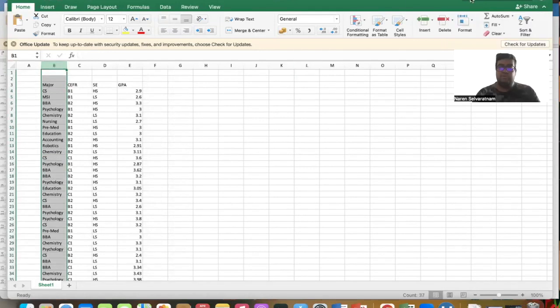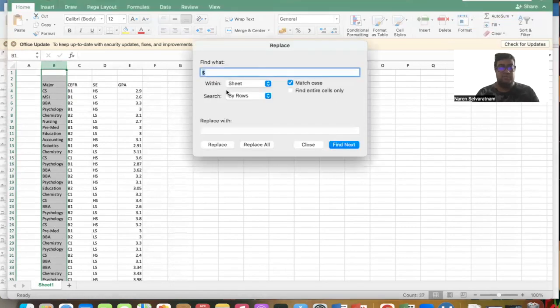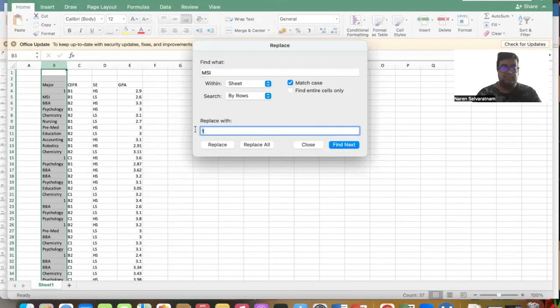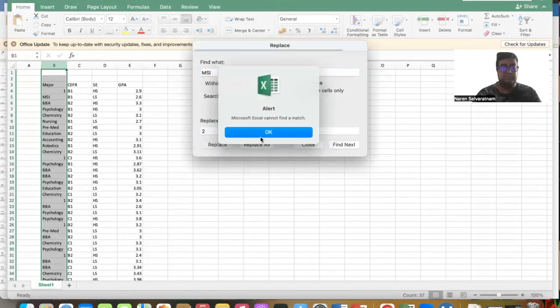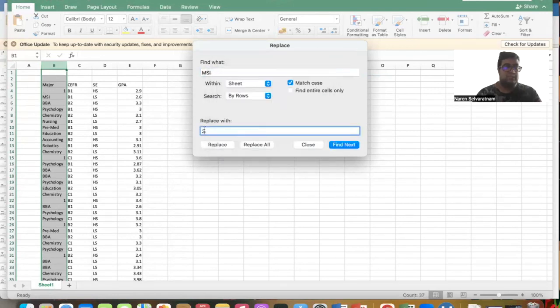I am going to select this replace option. I'm going to say CS, replace it with 1. Okay, now we did the replacing. And then management information science, MIS, not MSI, MIS, but that's okay. I'm going to replace that with 2. Okay, like this.